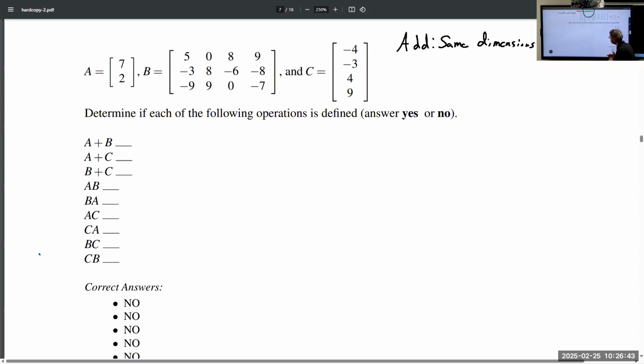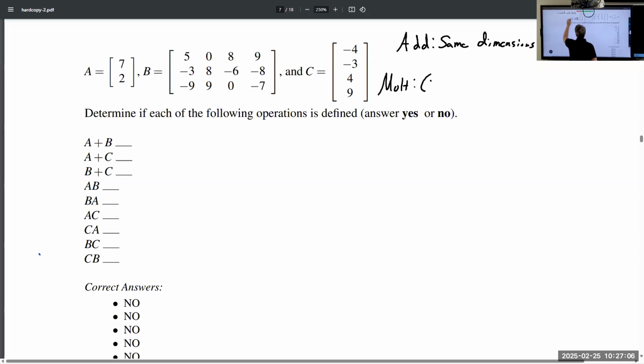For multiplication, the inner dimensions have to be the same. So for multiplication, let's say we have m by n by, I'm going to do the same thing the textbook would have done.